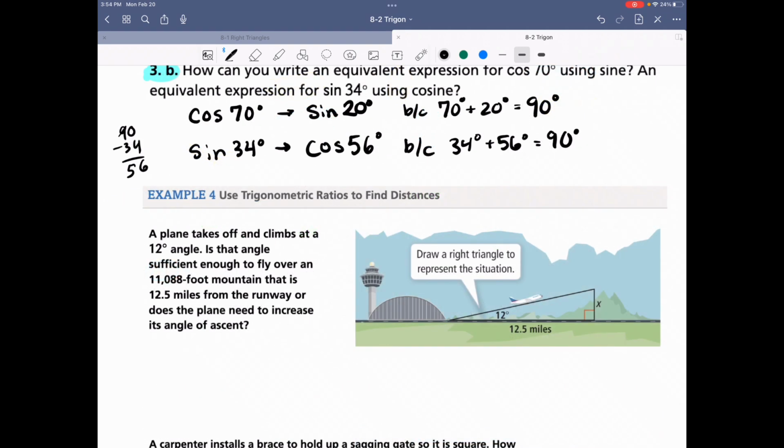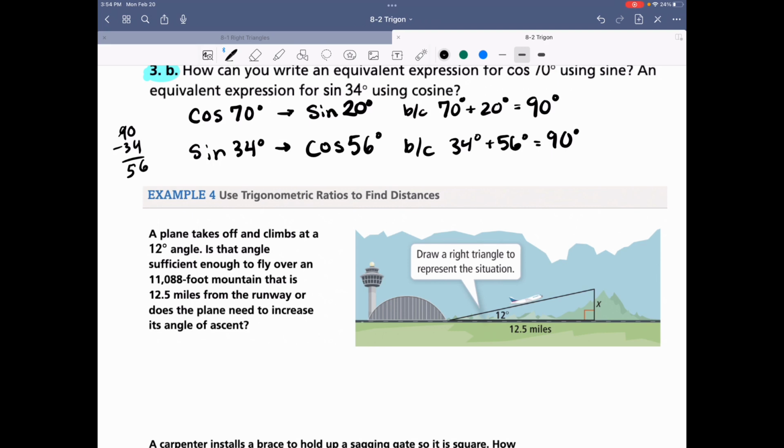Let's apply this trigonometry. A plane takes off and climbs at a 12-degree angle. Is that angle sufficient enough to fly over an 11,088-foot mountain that is 12.5 miles away from the runway, or does the plane need to increase its angle of ascent?